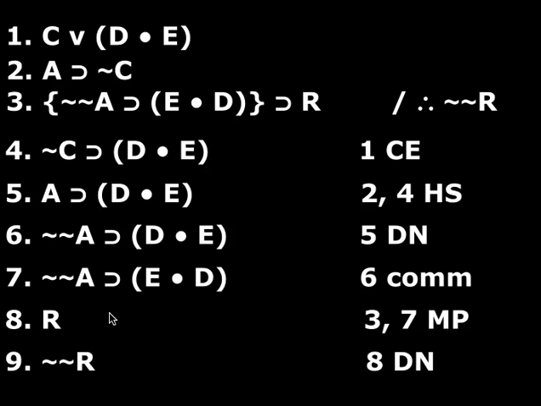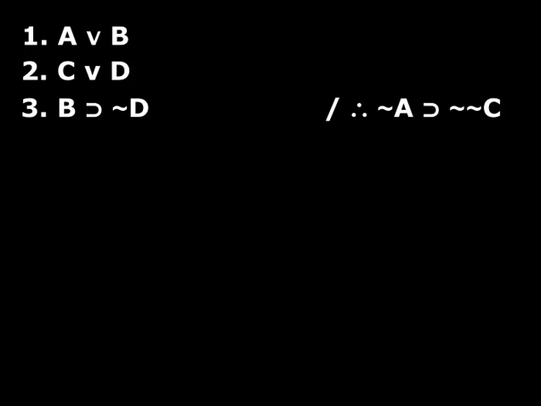Okay, let's do one more example. So the conclusion is a conditional. If not A, then not C. By the way, you should be able to, at this point, just look at this and say, well, if I did conditional proof, this would be pretty easy.